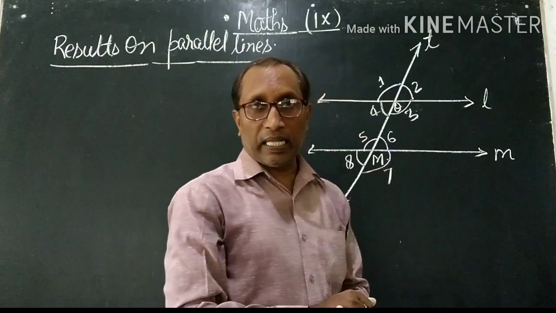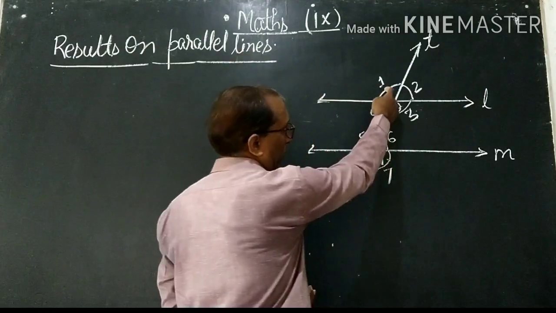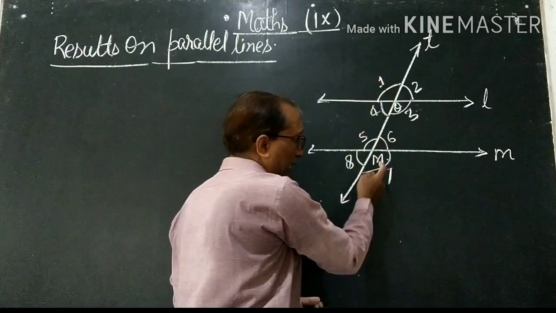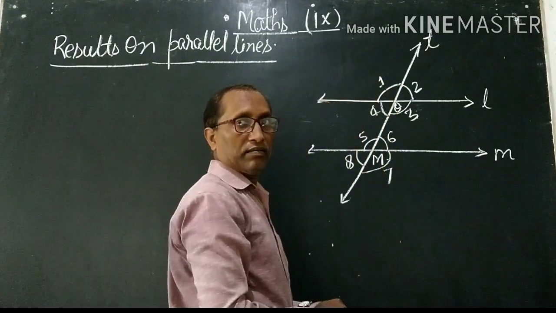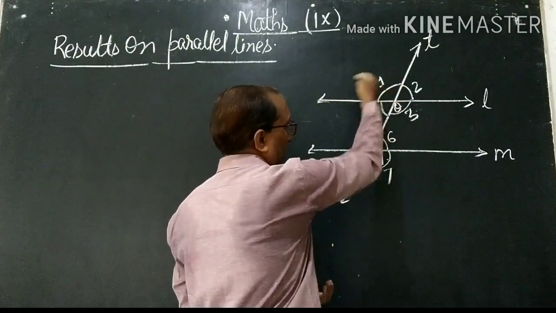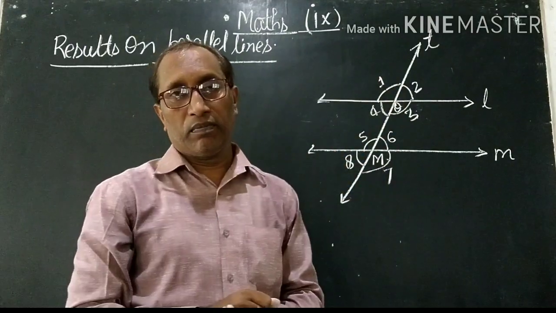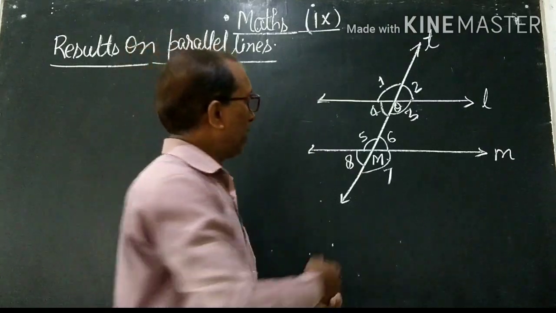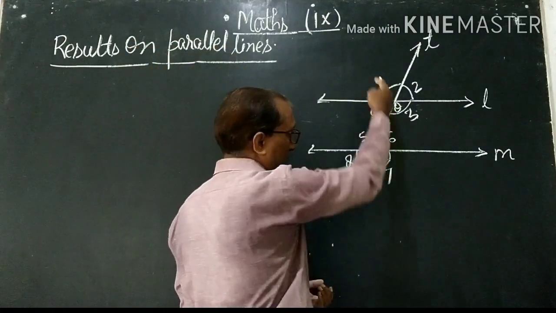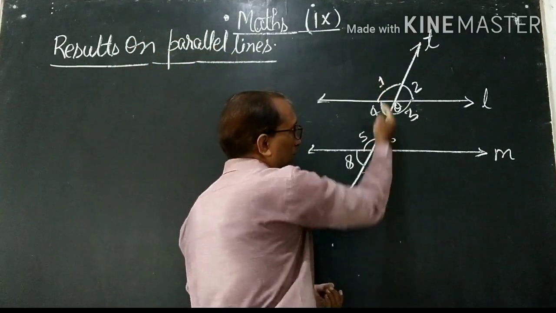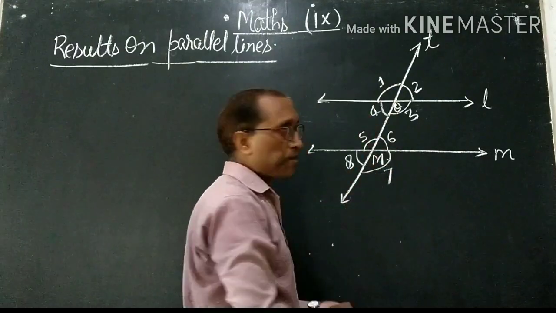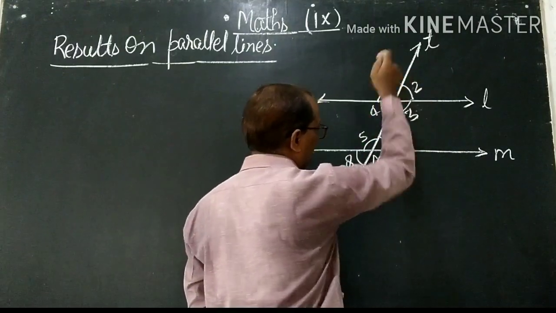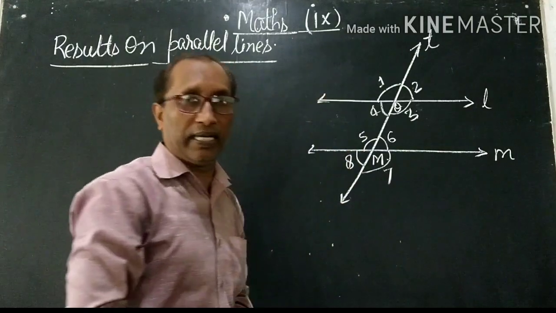Alternate exterior angles: angle 1's alternate exterior angle is 7. Means in the exterior angle group you will have one angle between them. Like angle 1's alternate exterior angle is angle 7, angle 2's alternate exterior angle is angle 8.